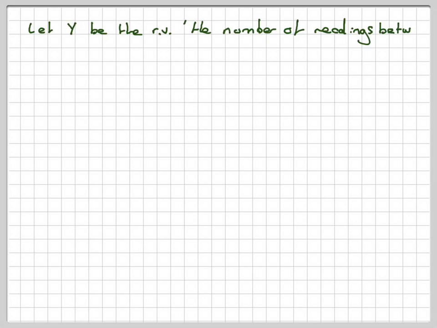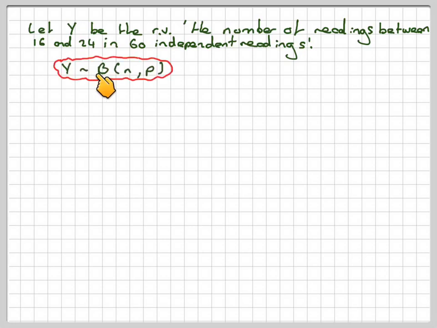So in order to do that, we need to set up a binomial distribution. So let y be the random variable of the number of readings between 16 and 24 in 60 independent readings. So y will be binomially distributed with an n of 60 and a p of 0.5763.